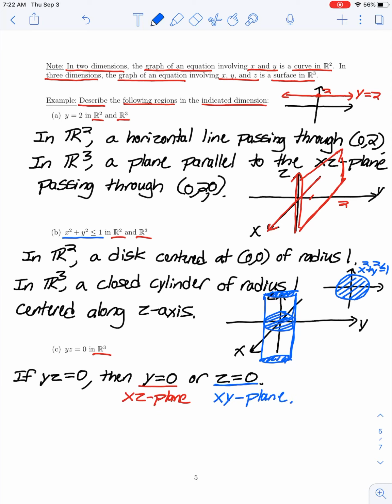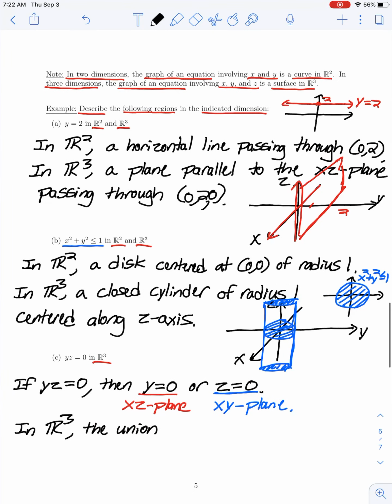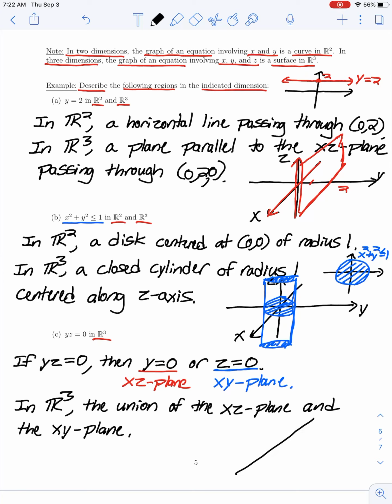So this equation in R3, we have the union of the xz plane and the xy plane. So here, to visualize this a little bit, we have our x-axis, y-axis, and our z-axis.